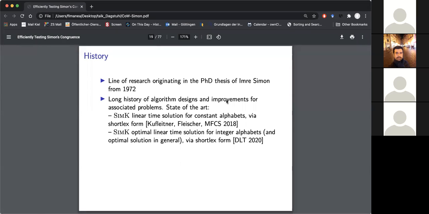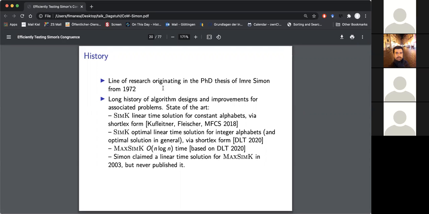This basically was not something super original. We just took the paper of Kufleitner and Fleischer, and we used some clever data structures to compute these short lex forms. So we used essentially the same algorithm, just that we were more careful with the time management and the data structures that were used there.